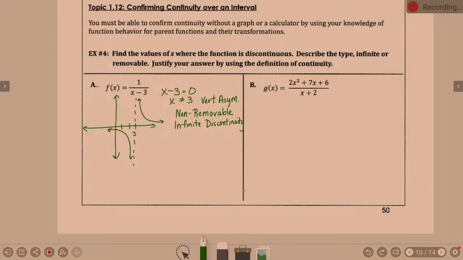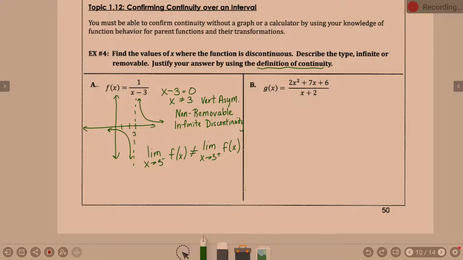The limit from the left does not equal the limit from the right. And so if we're talking about using the definition of continuity, that is your supporting factor there: the limit as x approaches 3 from the left of f of x does not equal the limit as x approaches 3 from the right of f of x. Okay.